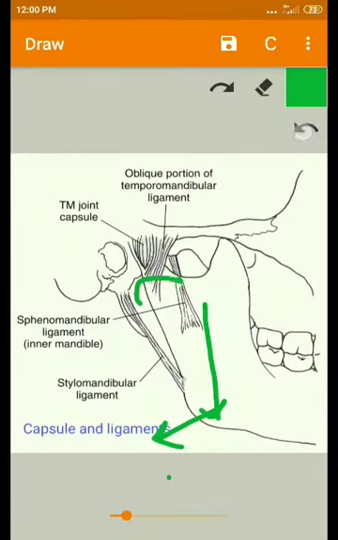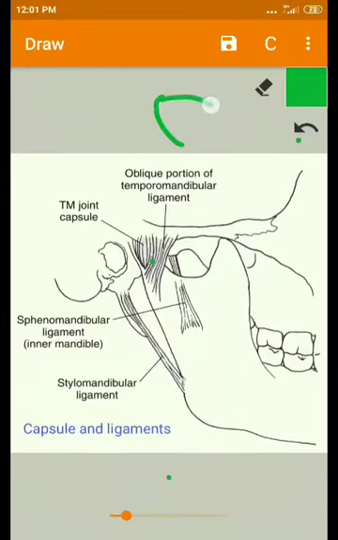Okay, now coming to the inner portion of the ligament. This inner portion is attached to the lateral pole of the condyle. We know that it has medial and lateral poles, and the medial pole is somewhat extended medially. So the inner portion extends from the lateral pole of the condyle to the posterior portion of the disc.